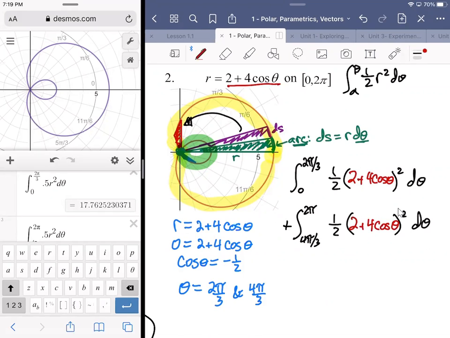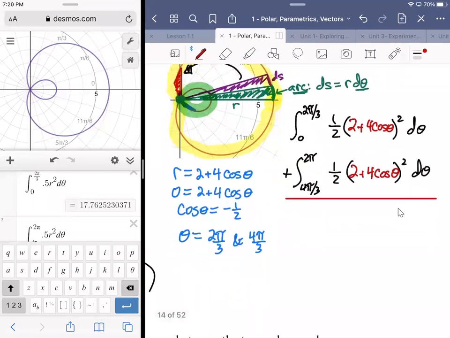The theta values, we're still going counterclockwise, so our theta values are still going to be positive. It's only if we're going in the opposite direction. R values are always going to be positive. The theta values can be negative if we're going around the other way, right? So it is possible to come up with a negative area, but not for the reasons that you would get a negative area in Calc 1, Calc 2, all right?